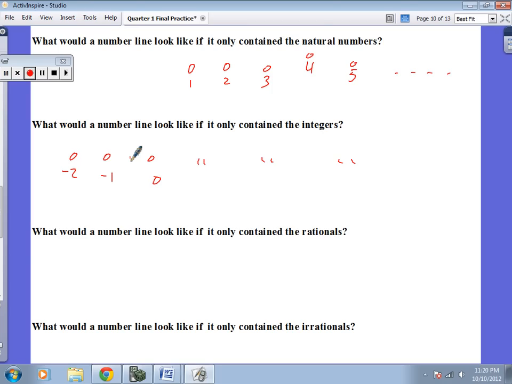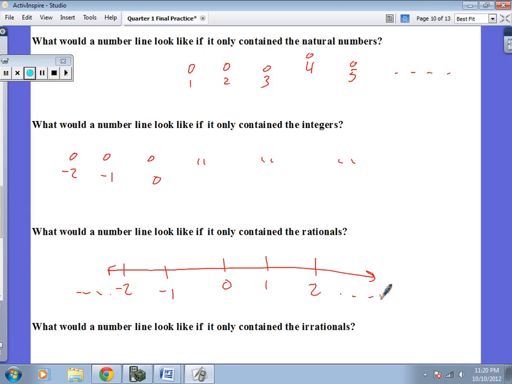Now if we put the rationals in there, it is getting pretty dang close to a number line. Here's 0, here is 1, here is 2, here's a -1, here's a -2, and it's going to go forever. But it's not going to be complete.